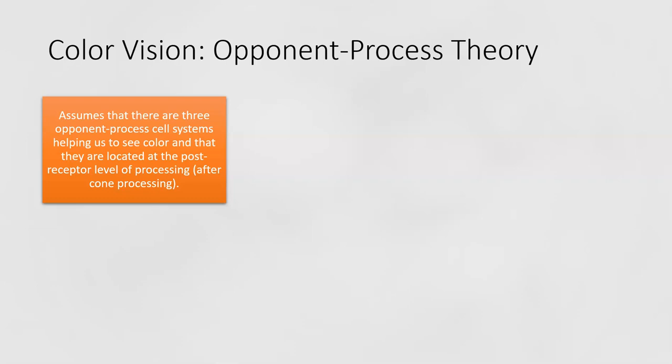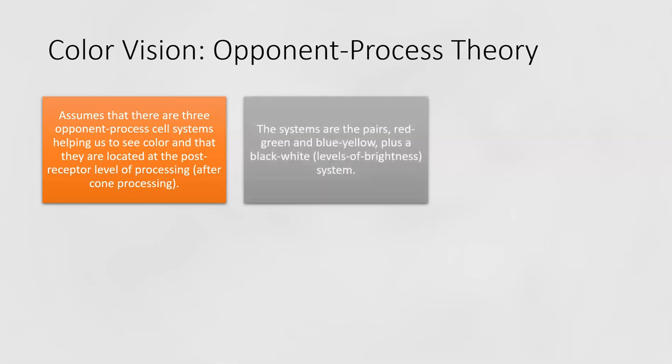So after cone processing, you have opponent process cells stimulated by, for instance, if it's a blue-yellow opponent process, cells stimulated by blue light and inhibited by yellow light, and others that are stimulated by yellow light and inhibited by blue light, in opposition to one another.